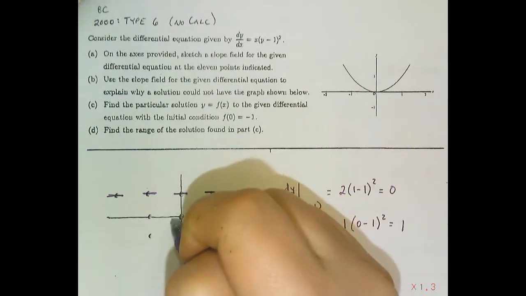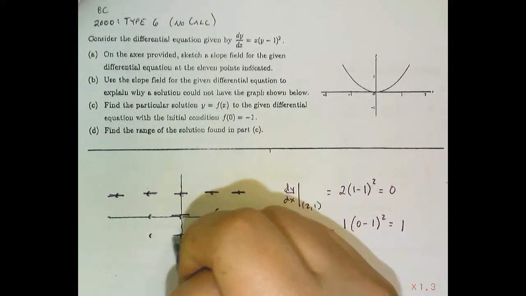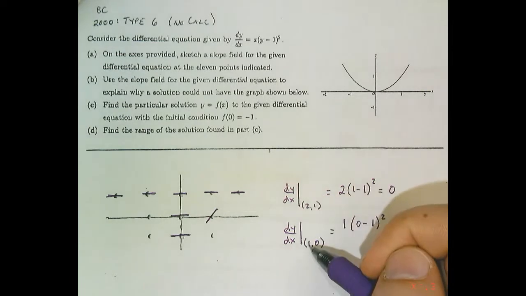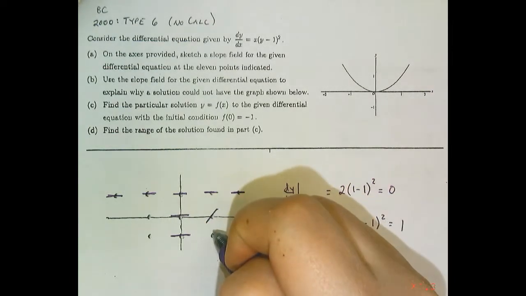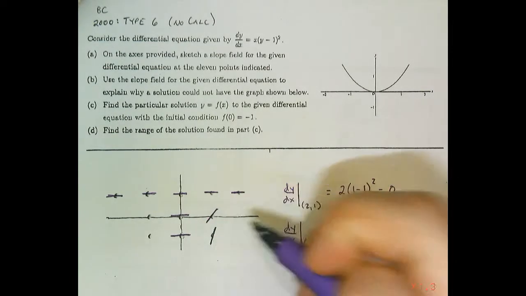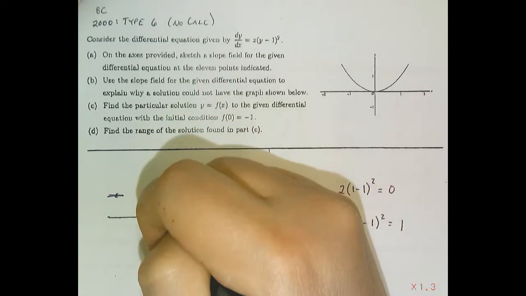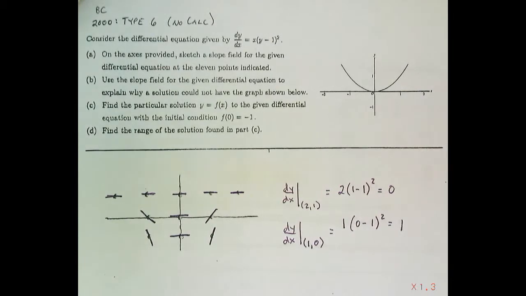So anytime x is 0, we have a 0 slope. And we can continue to plug our way through filling out the points. We see that the slope is a little bit steeper here. The slope is negative when x is negative. And we have our slope field.